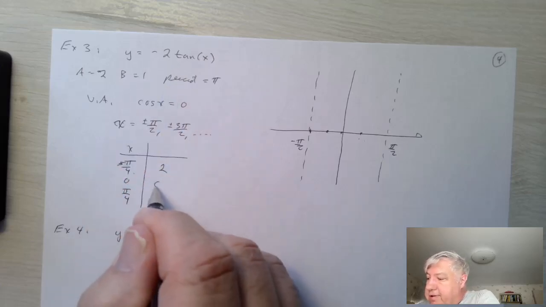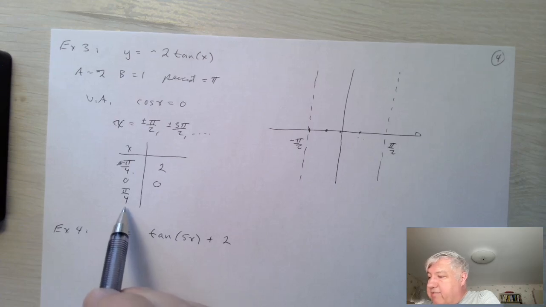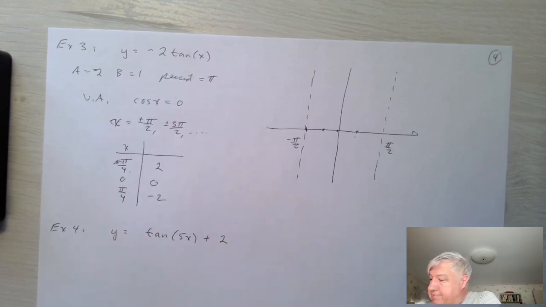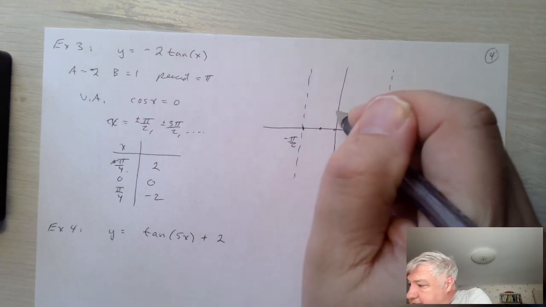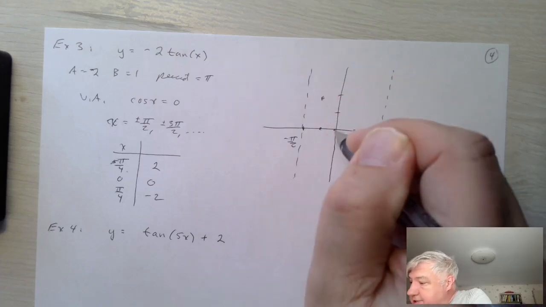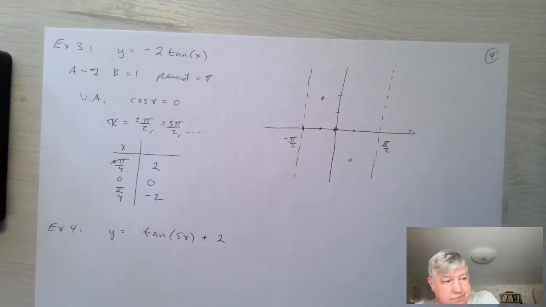For 0, it's going to be 0, and for pi over 4, this will be negative 2 times 1, so that's negative 2. So here is 2, 0, and negative 2.